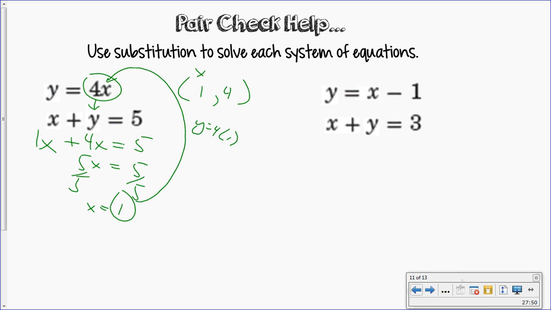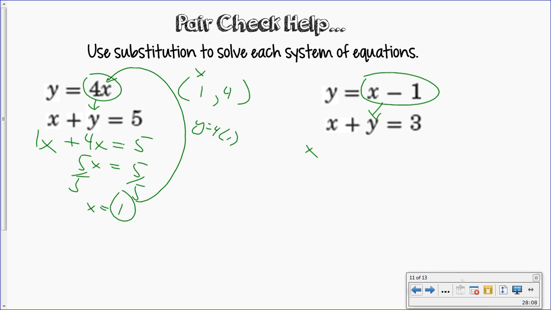Okay, what about on the second one? Take that, sub it for that y. Do I have to worry about distribution here?